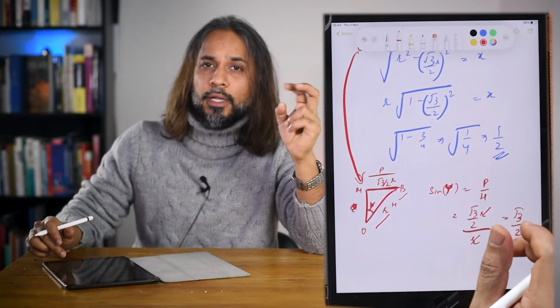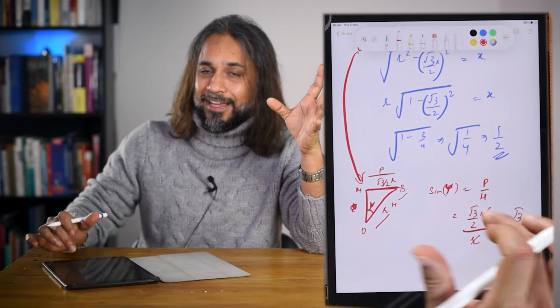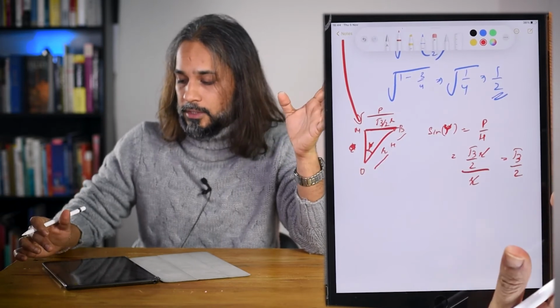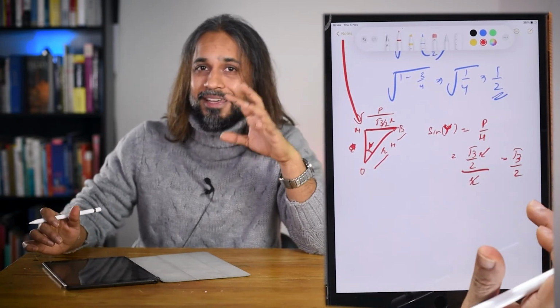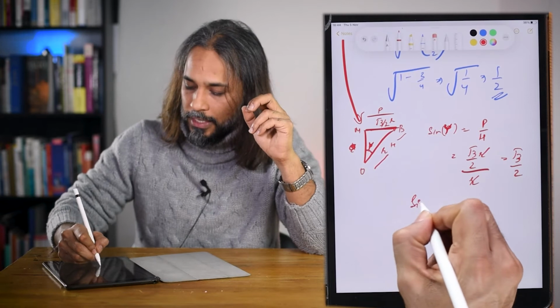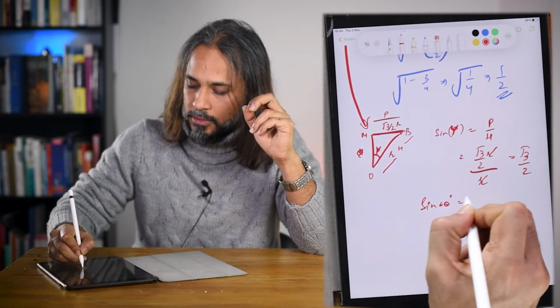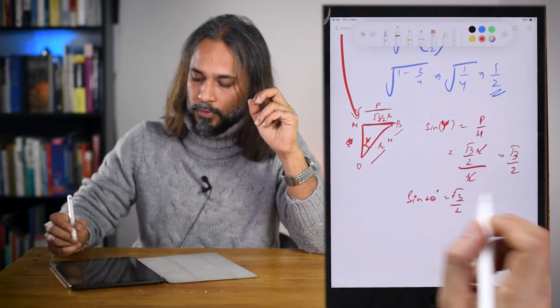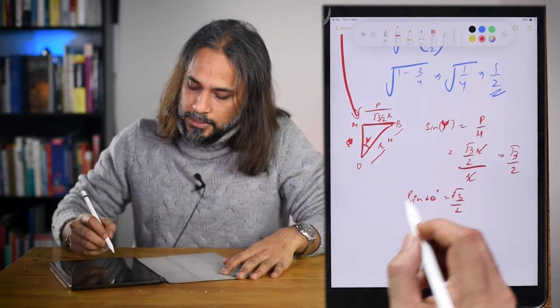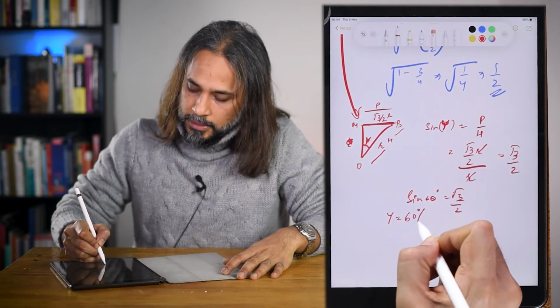And we know that if we consider root 3 by 2 for a value of sine, it is 60 degrees. So sine of 60 degrees is root 3 by 2, which means this value of Y is 60 degrees.